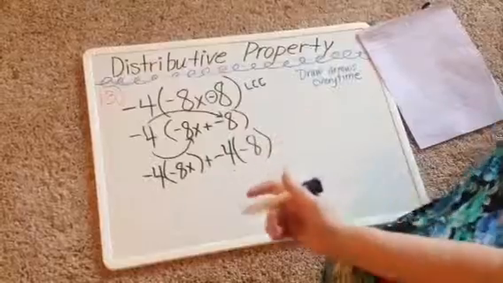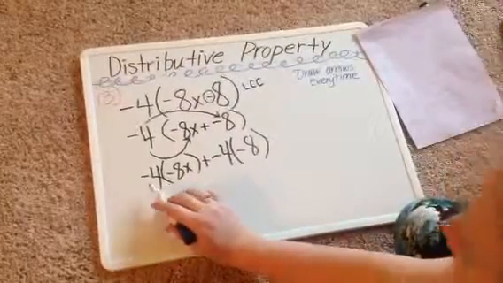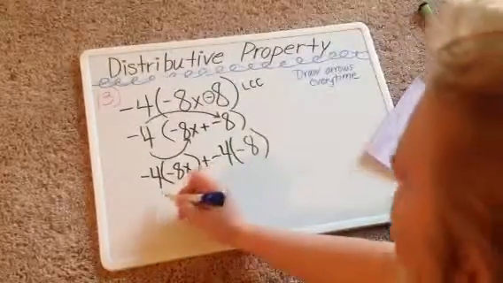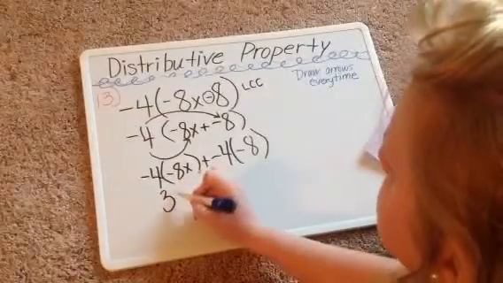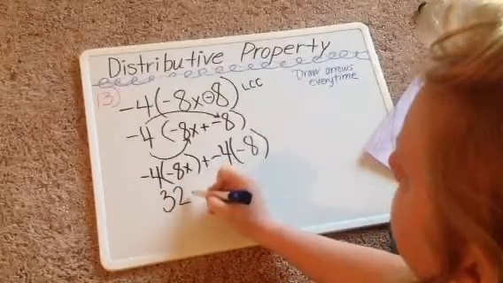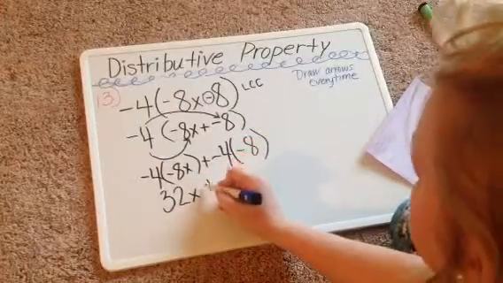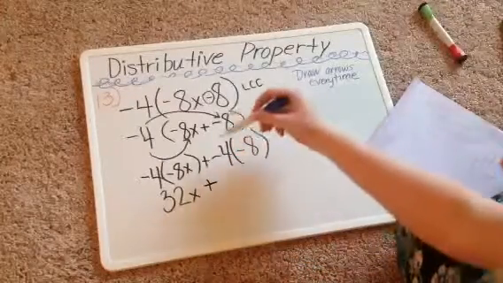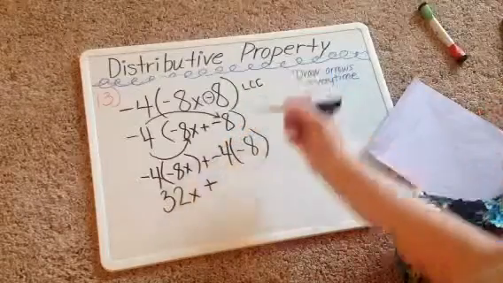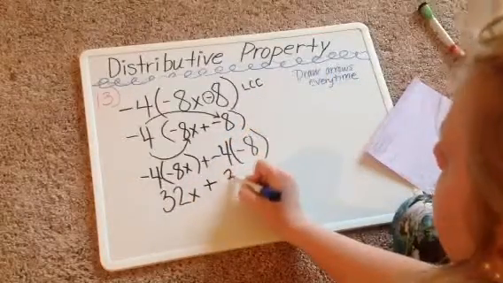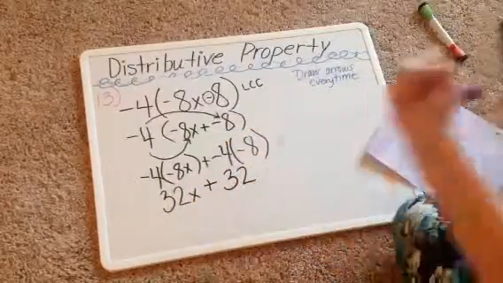Now we need to be simplifying or solving some of this. So a negative times a negative is going to be a positive 32. And then remember our x follows that 32. We're going to keep our addition sign. So it's going to be 32x plus. And then we have a -4 times a -8, which we just did. And that's 32.